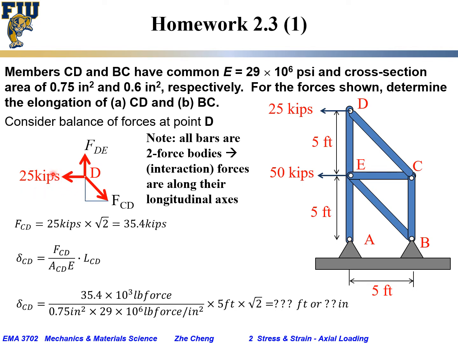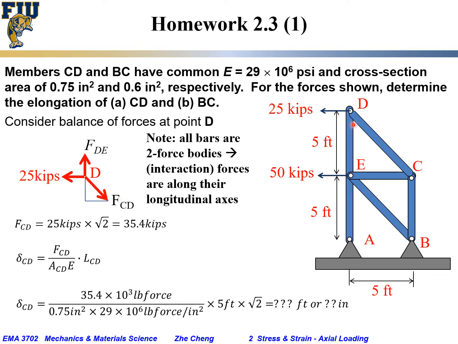Because of the similar triangle in this force relationship between this triangle and the real geometry triangle, we would know FCD, this force exerted at D point by the CD rod.